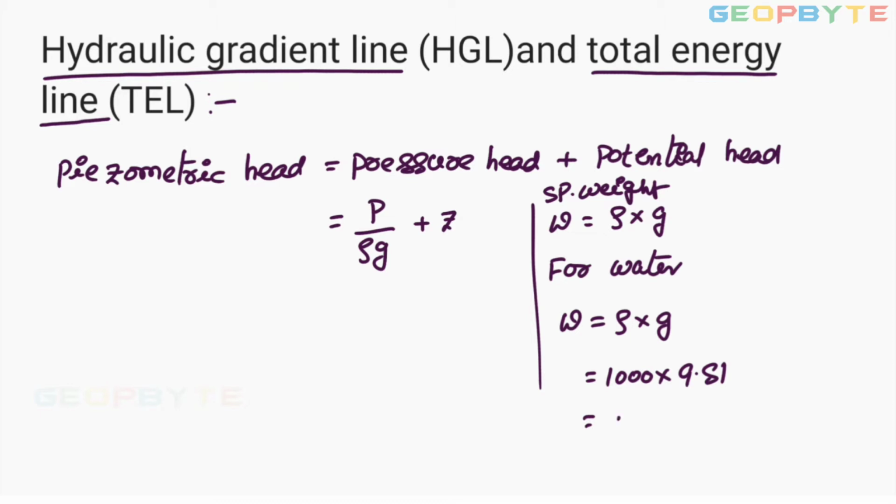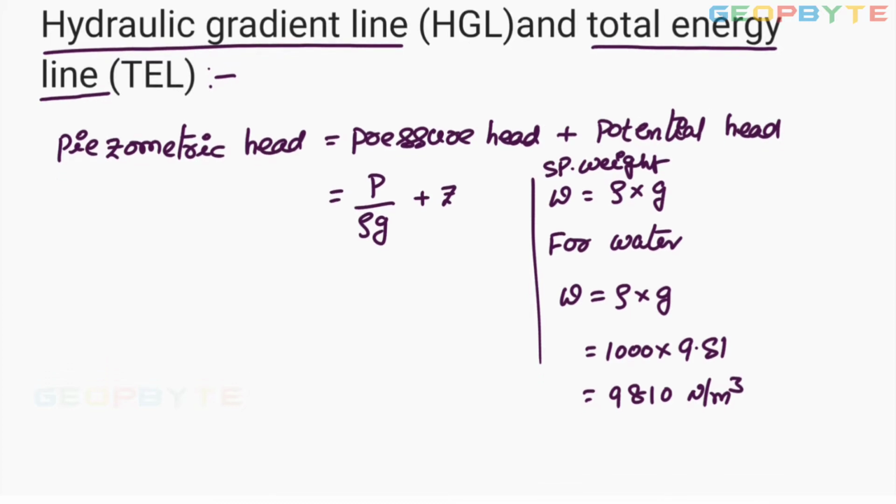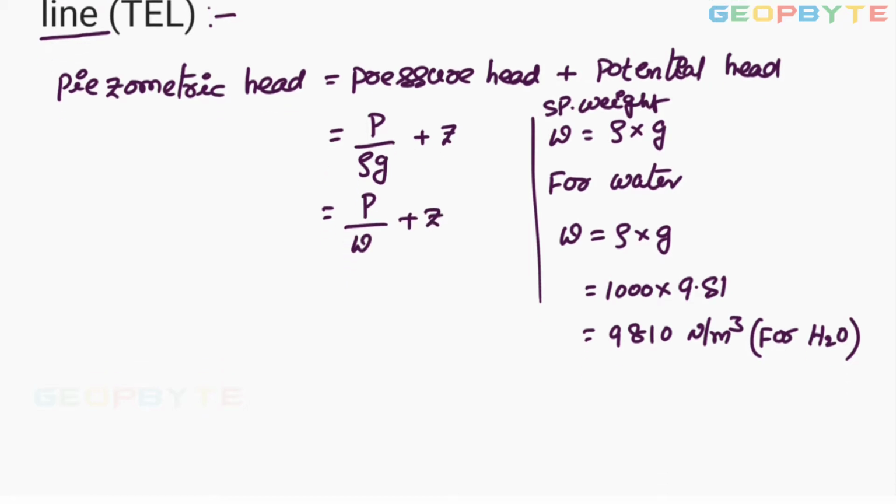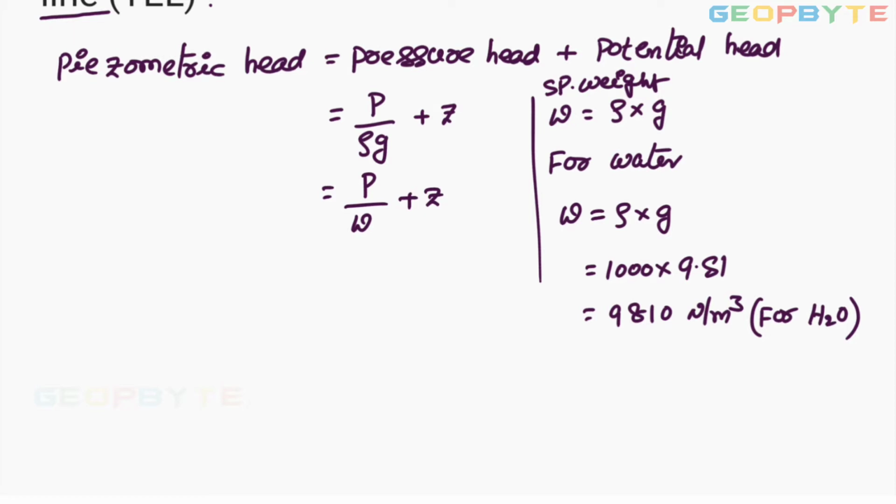It is equal to 9810 Newton per meter cube. So it can be written as P by W plus Z. So the sum of the pressure head and potential head is called piezometric head.